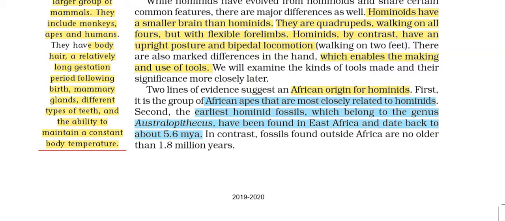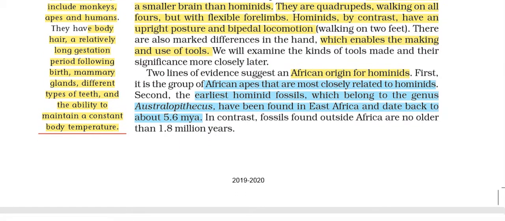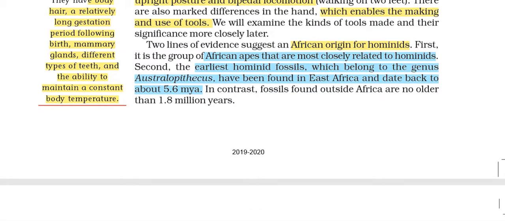How can we say that hominids were found first in Africa and then later on they went to different parts of the world? So the first point that is highlighted in blue, class, take a look on the screen. How can we say that there is an African origin of hominids? That means hominids first came in Africa.